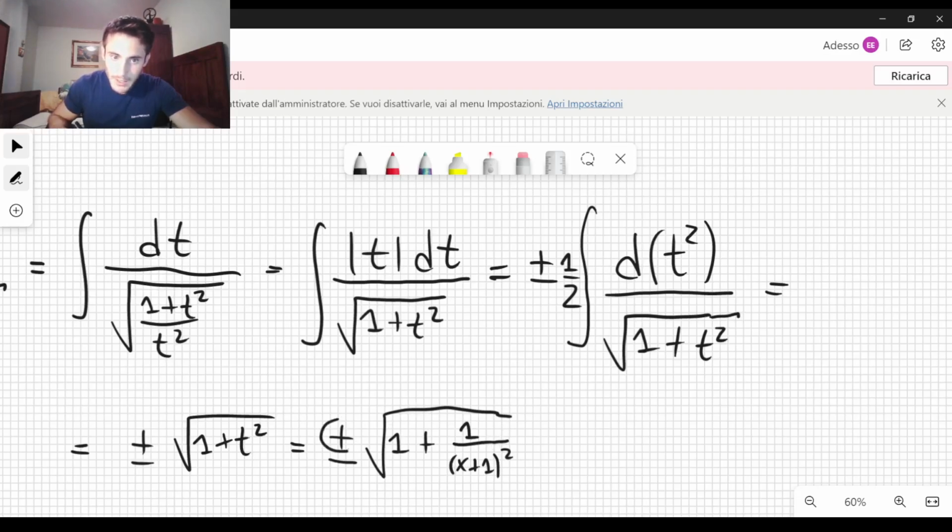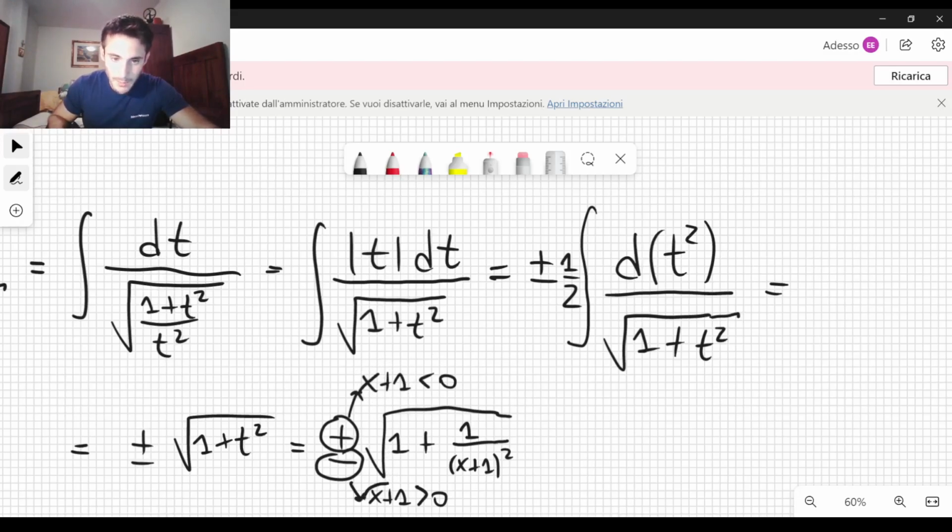This plus or minus is associated with the sign of x plus 1. You get a plus if x plus 1 is less than 0, and you get a minus if x plus 1 is greater than 0. This is related to t, because if t is positive, then x plus 1 is negative, and vice versa.